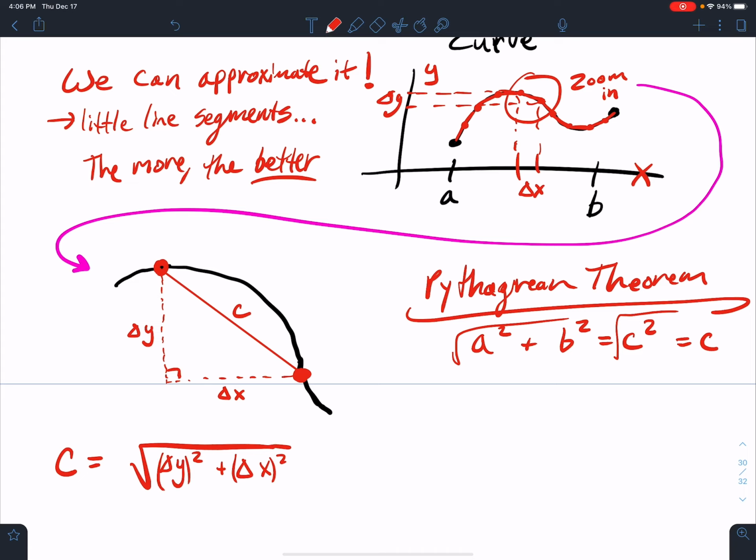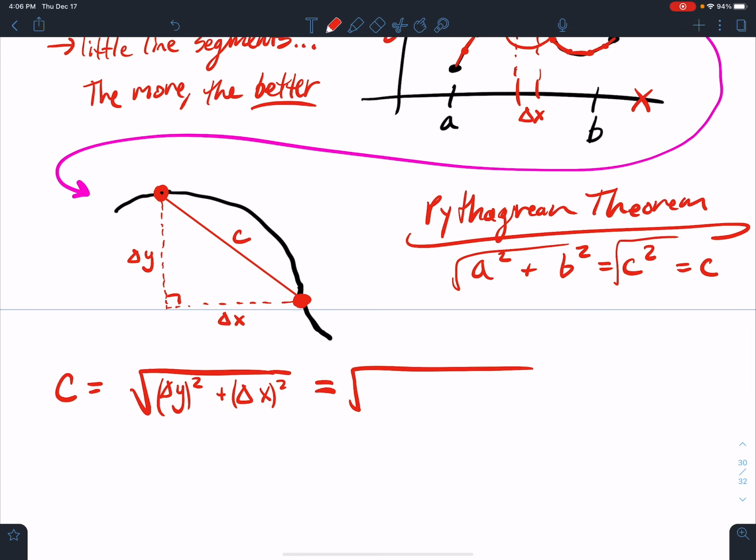What I'm going to do is factor out a delta x squared from inside there. If I pull a delta x squared out, I have delta y squared divided by delta x squared, and then plus 1.